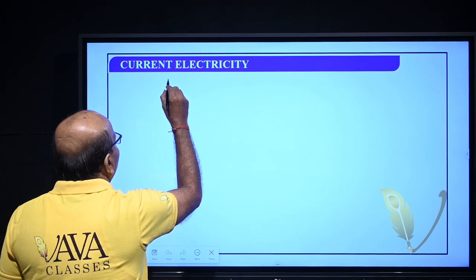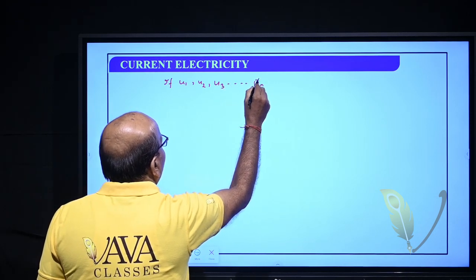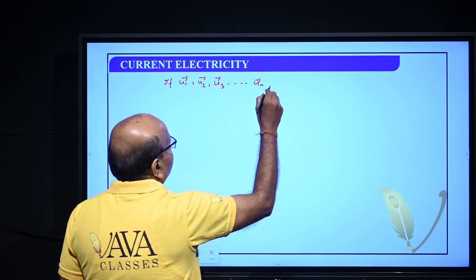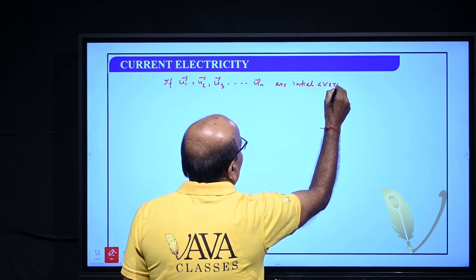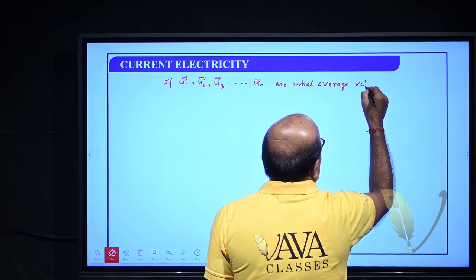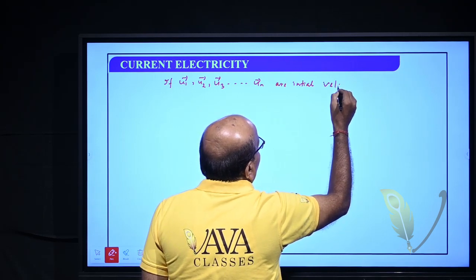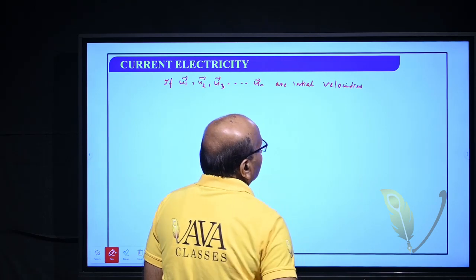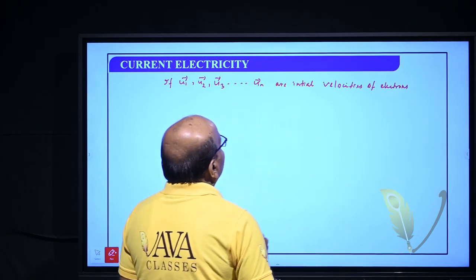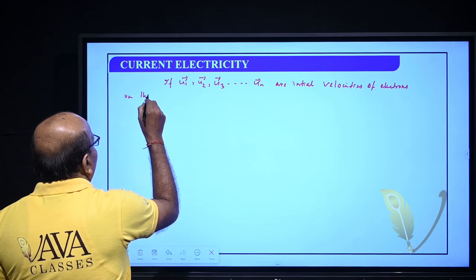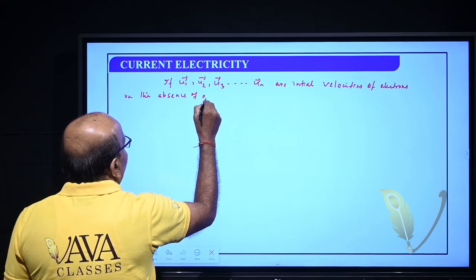Suppose U1, U2, U3 up to Un are the initial velocities of the electrons in the absence of an electric field.